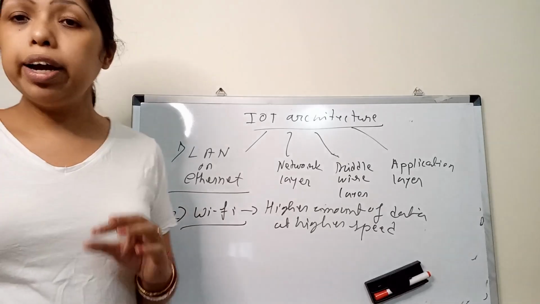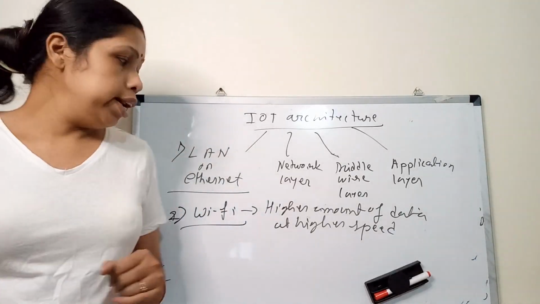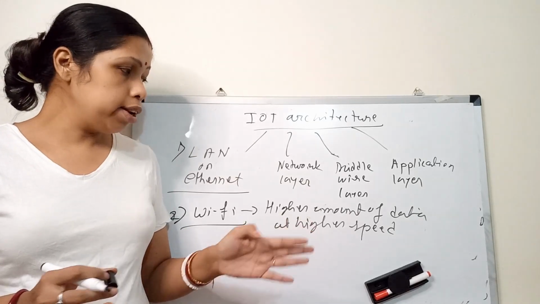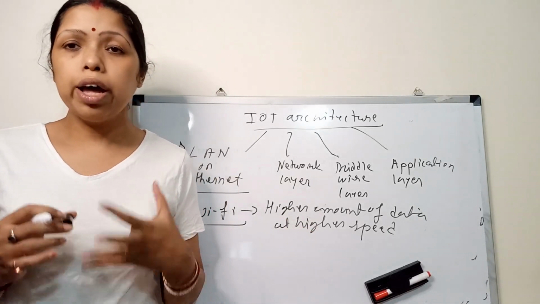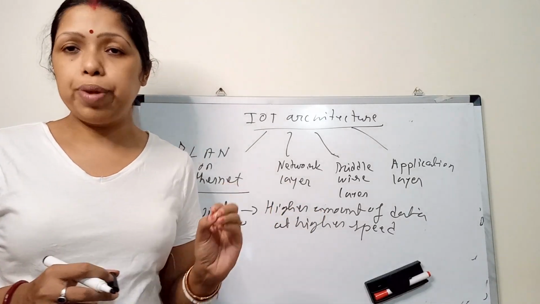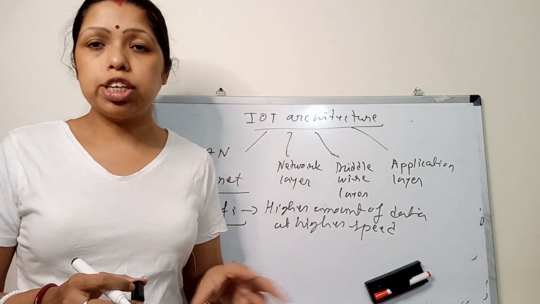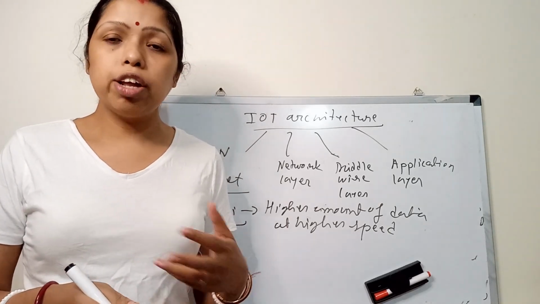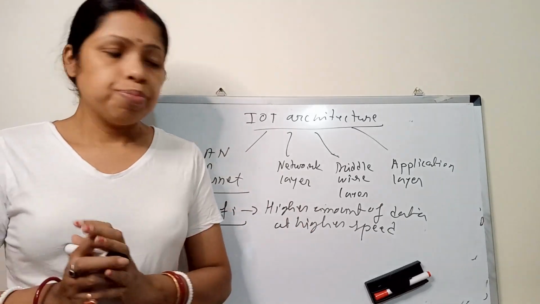That means you can have a high data rate and send lots of data through Wi-Fi. Wi-Fi is normally used in various IoT applications: home automation, temperature controller, smart refrigerator, anywhere you can use Wi-Fi.